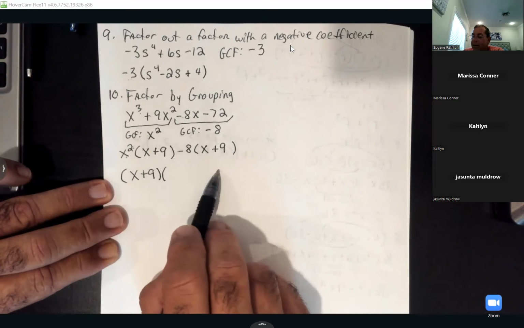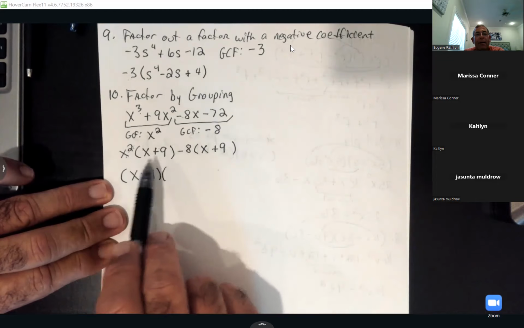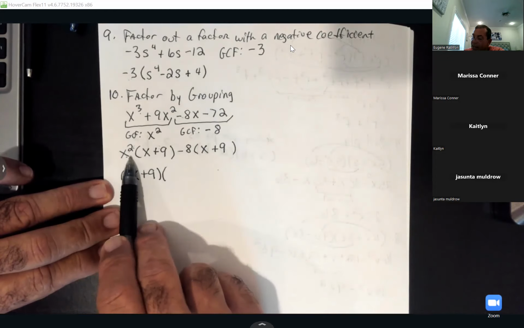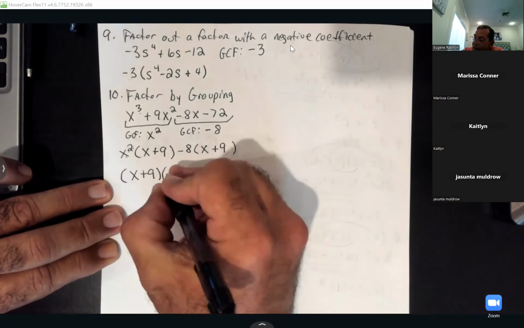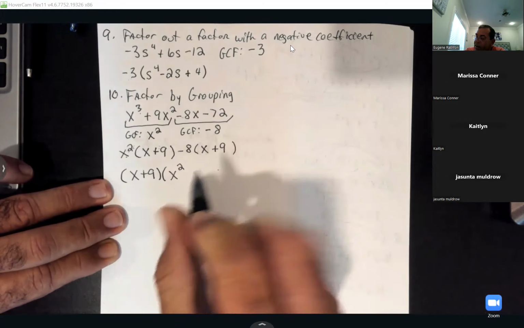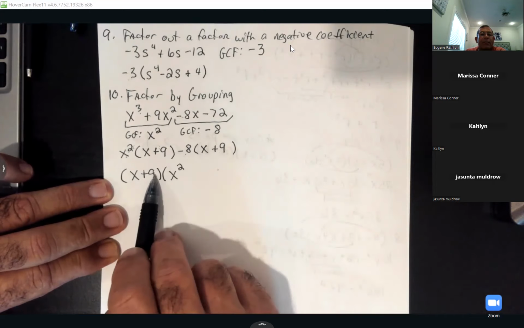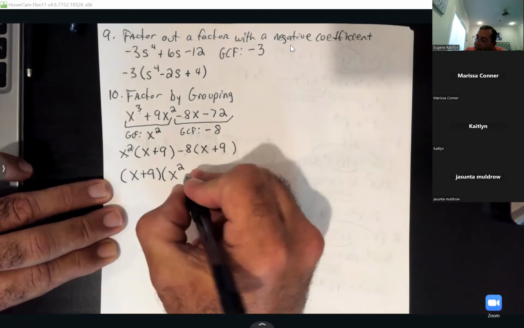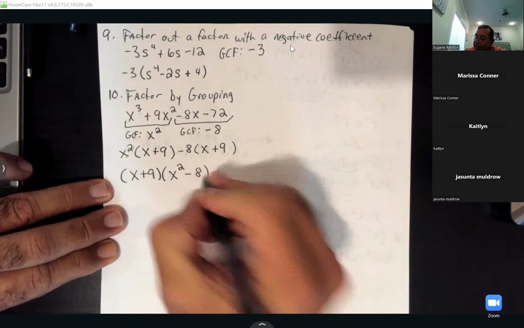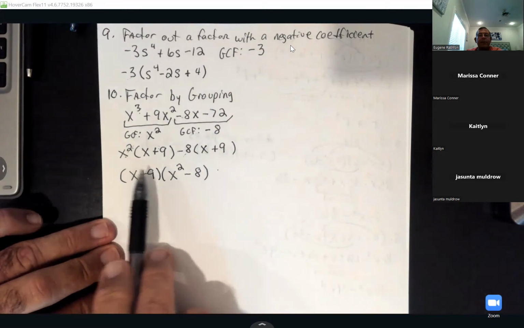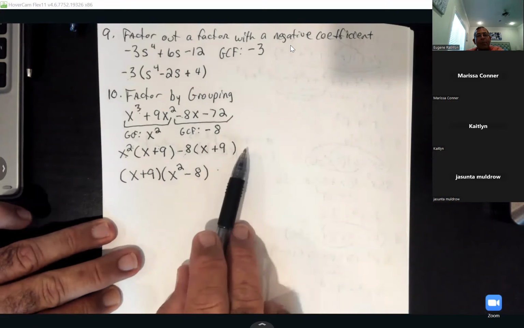The second parentheses was what was left. But if I took the x plus 9 out of the x squared times x plus 9, I'm left with the x squared. And then for the negative 8 times x plus 9, if you take out that x plus 9, you're left with the minus 8. So y'all, that is factor by grouping.